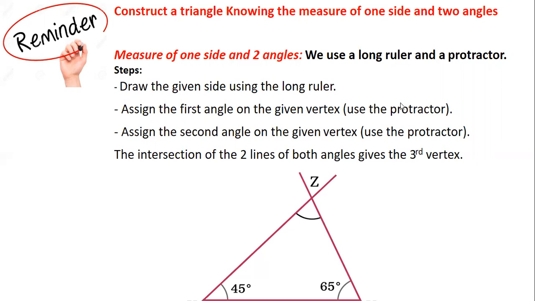where these two lines, after joining the assigned angle with the vertex, we get two intersecting lines. Where the two lines intersect gives me the third vertex, as we did here. So here we draw this side, then we assign a 45 degrees angle, we assign a 65 degrees angle, we draw a line where we assign the angles, we get the third vertex, we simply join it with the first and the second, we get the triangle.